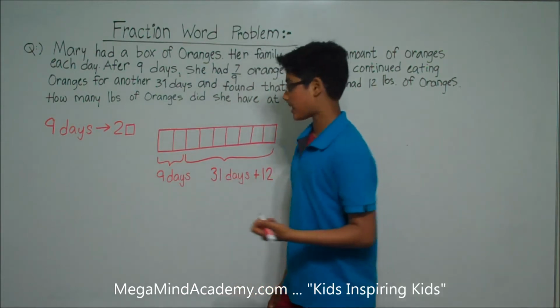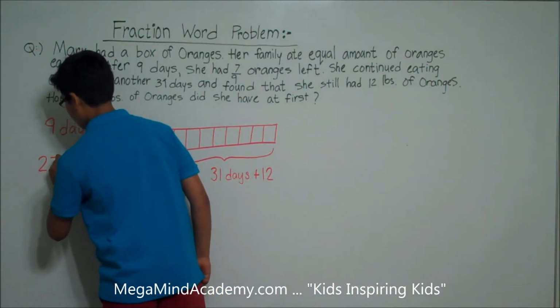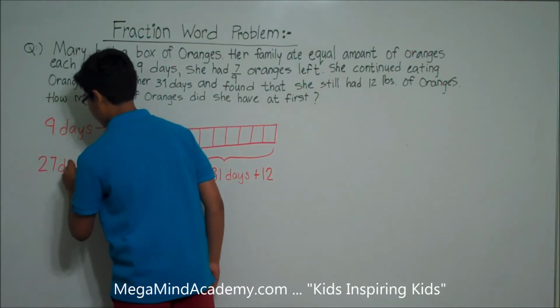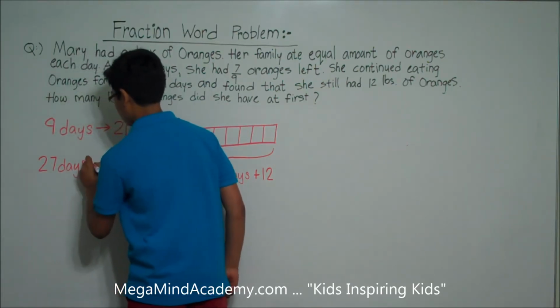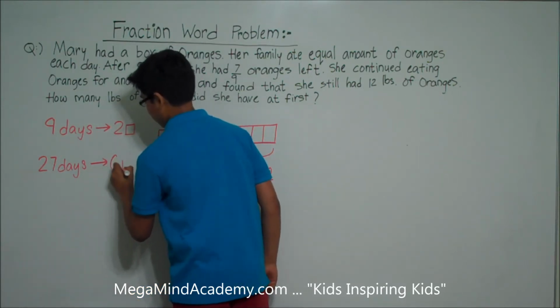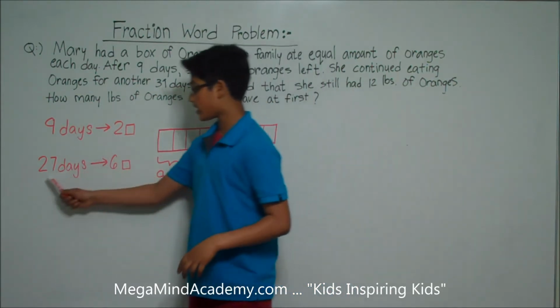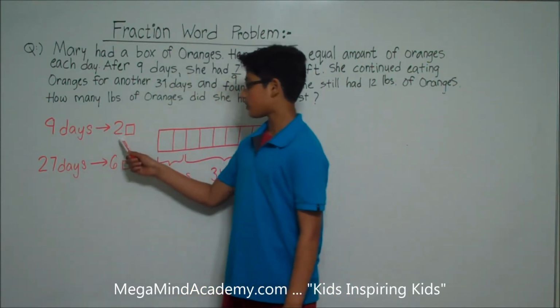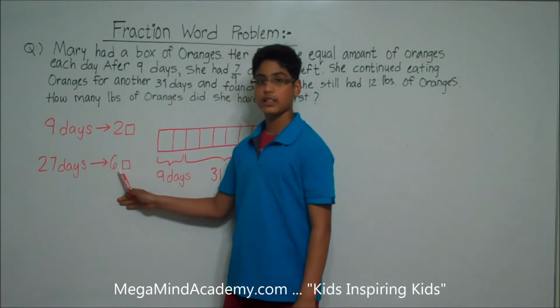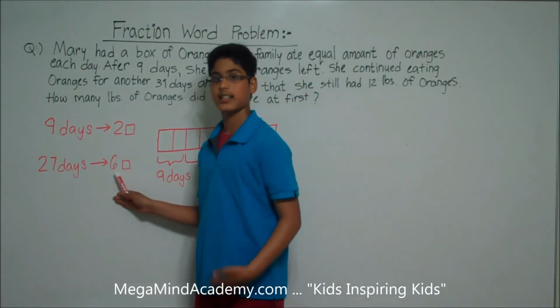So this means that in 27 days, which is 9 times 3, she consumes 2 times 3, which is equal to 6 units. It is 6 units because 9 times 3 is equal to 27. So 2 units times 3 is equal to 6 units.